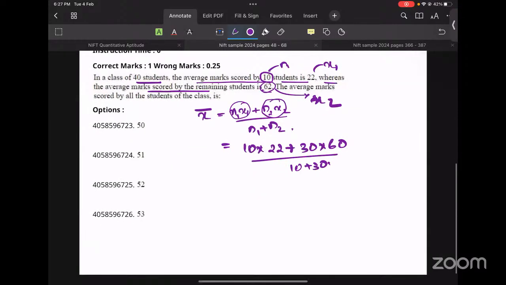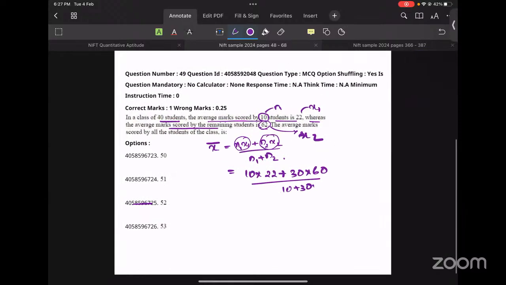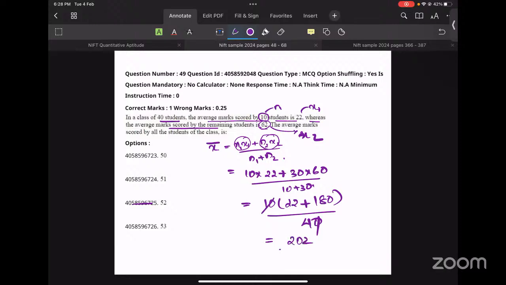Over here, you can take a 10 common. So 10 into 22 plus 3 into 60, by 40.